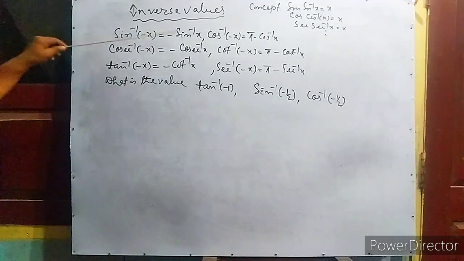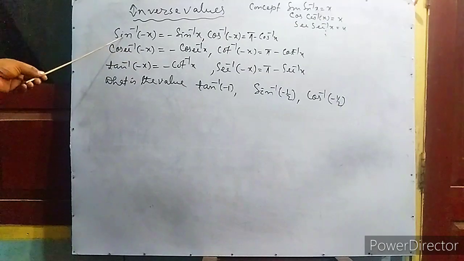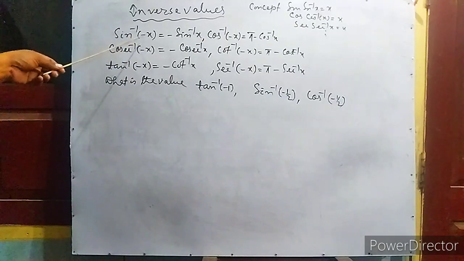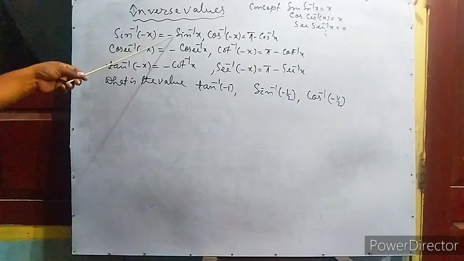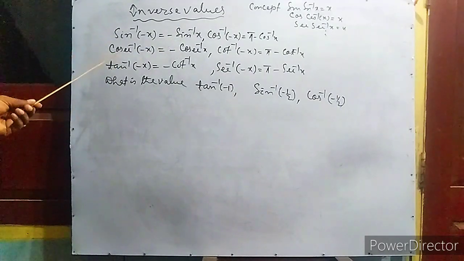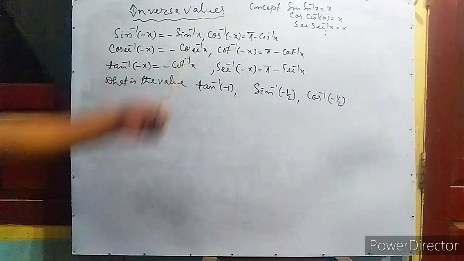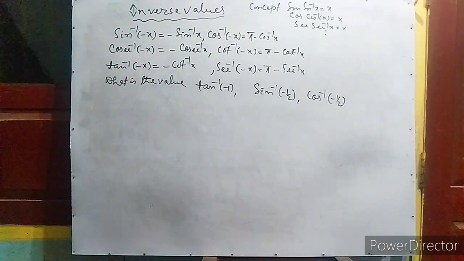And the second thing is the most important concept of inverses. If there is a negative value in sin inverse, you can write minus sin inverse x; the minus will come outside. But for cos inverse minus x, you write pi minus cos inverse x, because it is negative in the second quadrant.